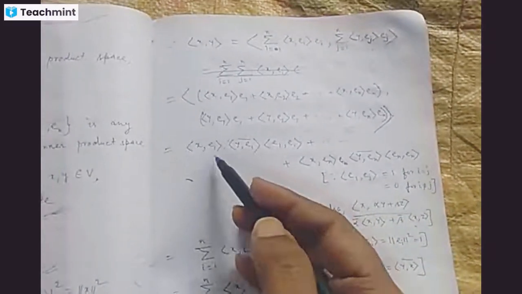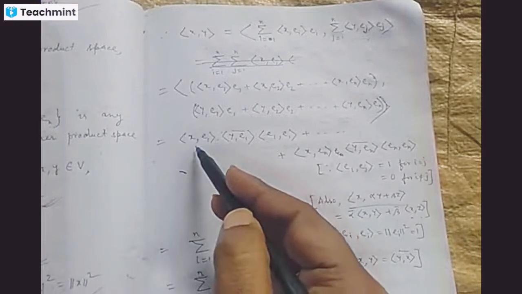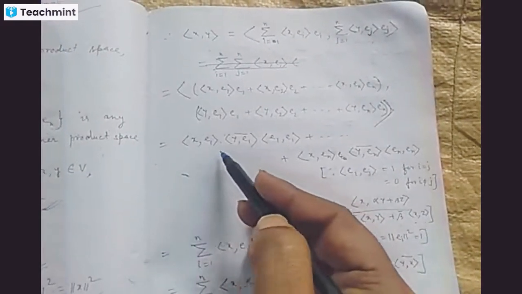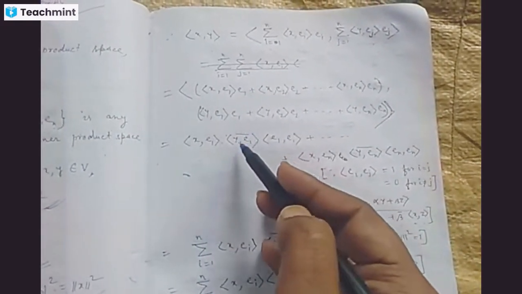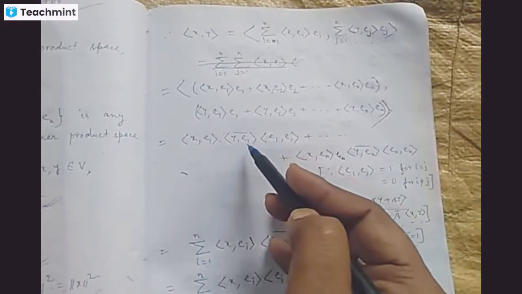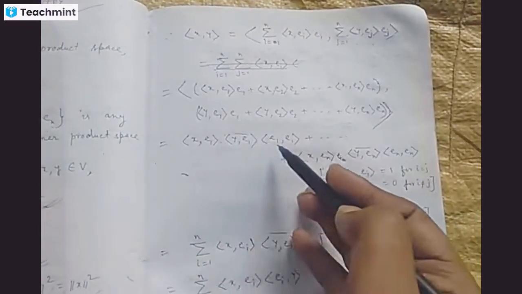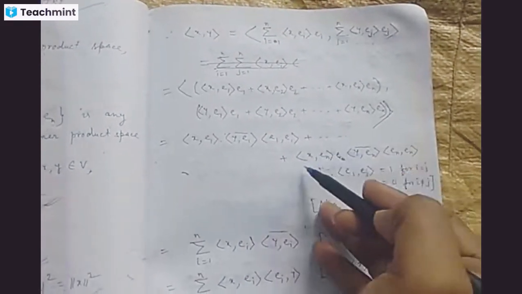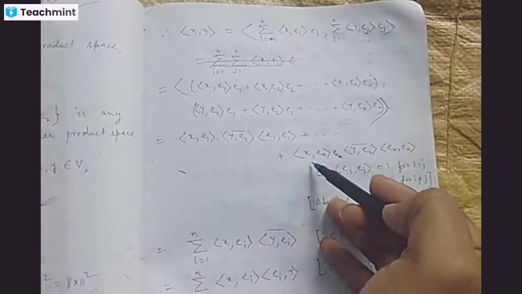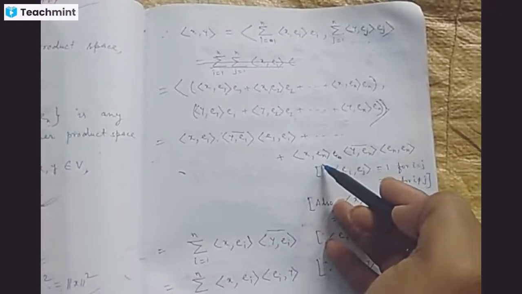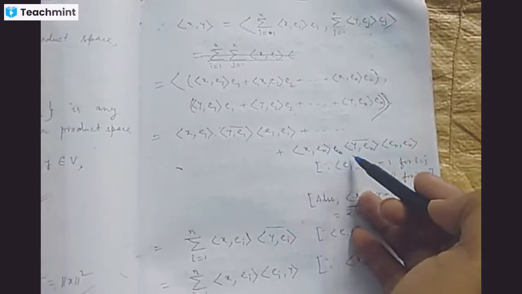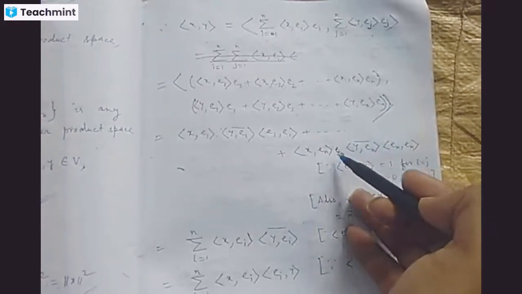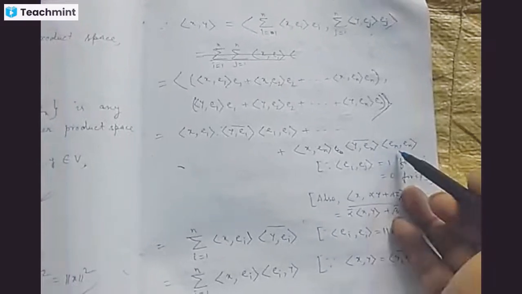So we find in this way: the inner product of x e1 times the bar of the inner product of y e1, times the inner product of e1 e1, plus dot dot dot, and the last element will be the inner product of x en times the bar of the inner product of y en, times the inner product of en en.